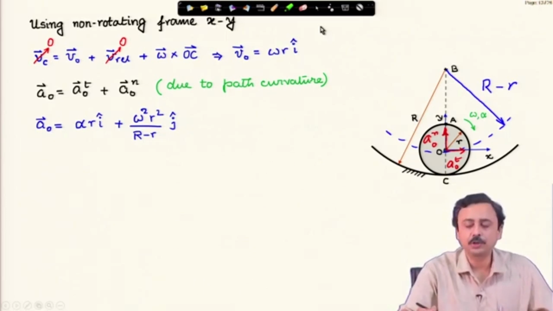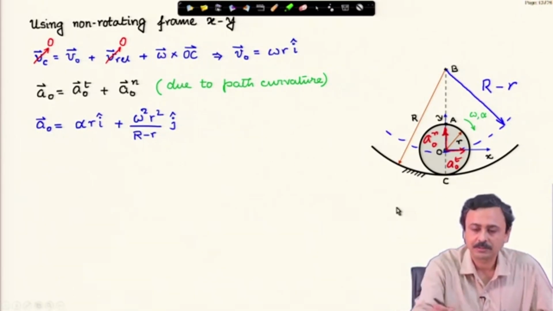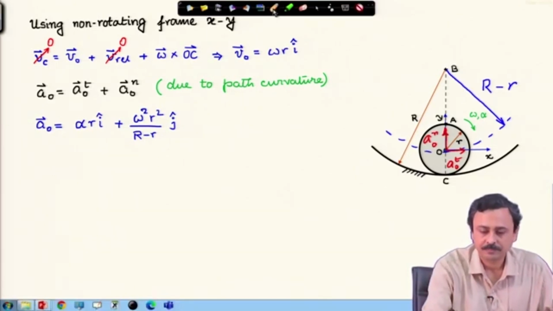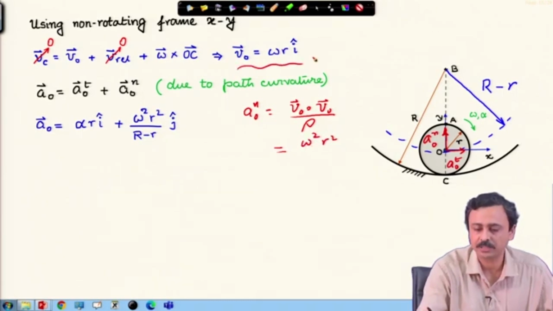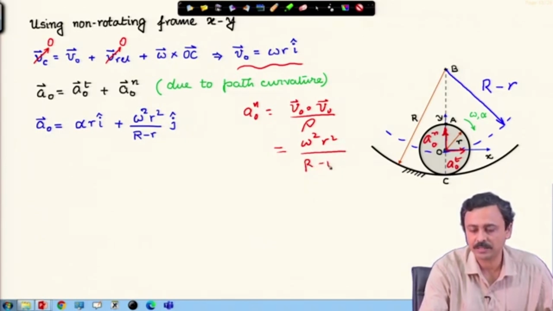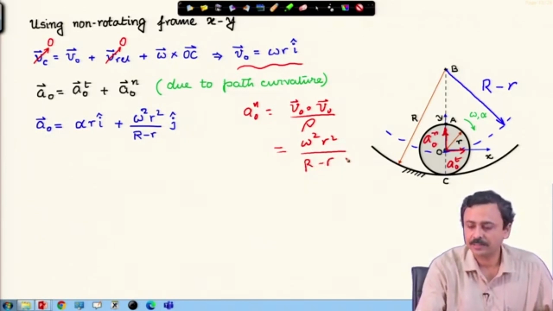Now, normal acceleration should be the tangential velocity of O squared by the radius of curvature, and that happens to be omega square r square. Here we have the expression omega square r square by the radius of curvature, R minus r, and the direction j cap.